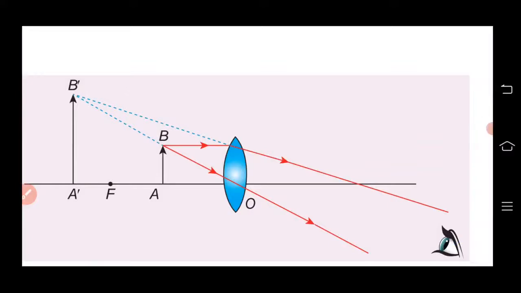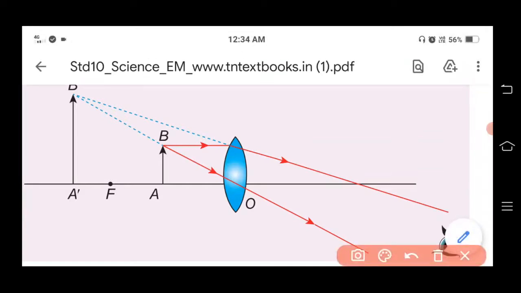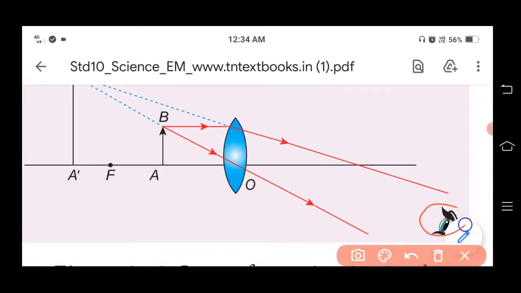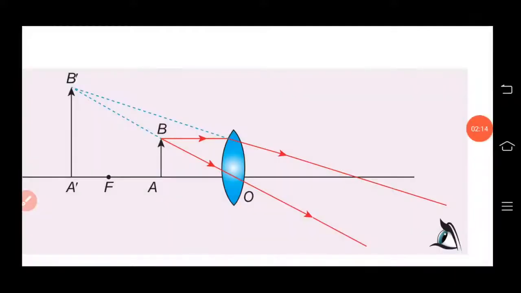In this picture, AB is the object, placed at a distance within the principal focus, capital F, of the convex lens, and the observer eye is placed just behind the lens. As per this position, the convex lens produces an erect, virtual and enlarged image.